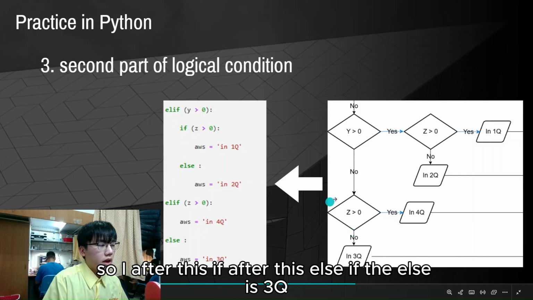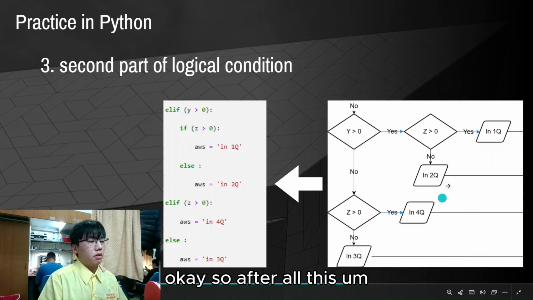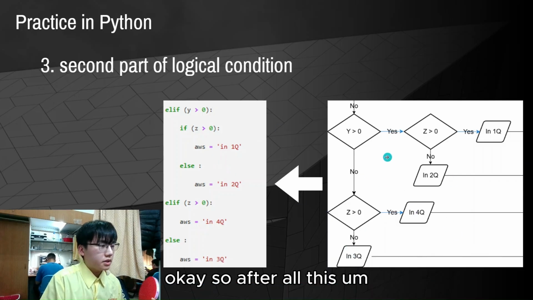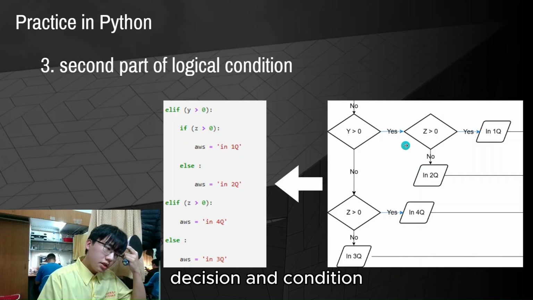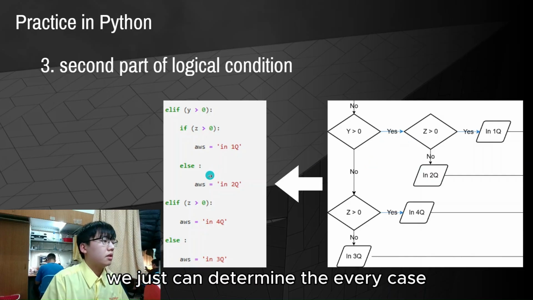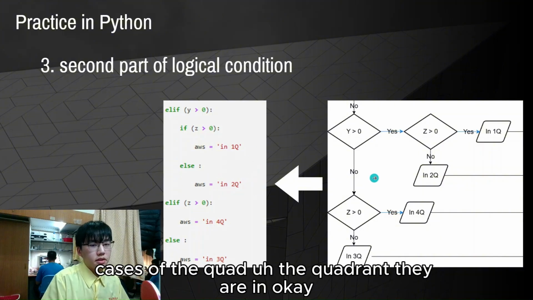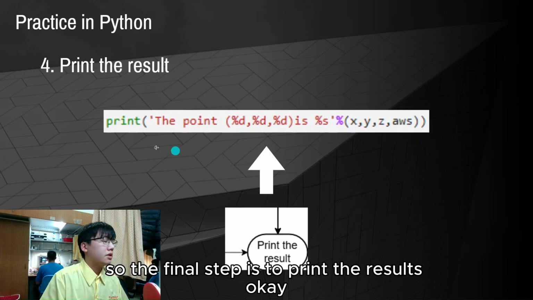So after this else if, the else is 3Q. Okay, so after all these decisions and conditions, we can determine every case of the quadrant they're in. Okay, so the final step is to print the result.